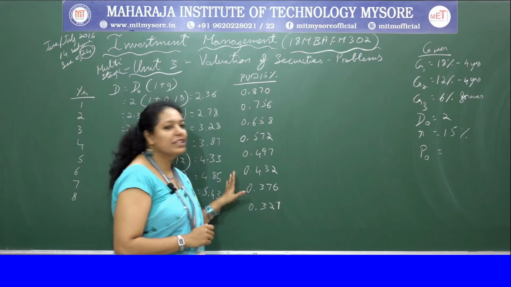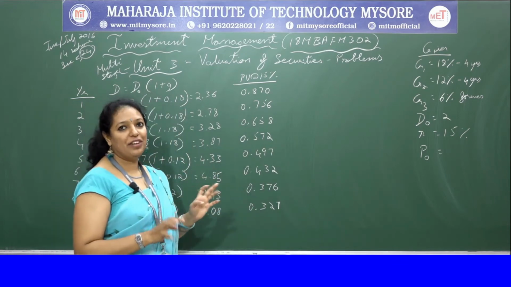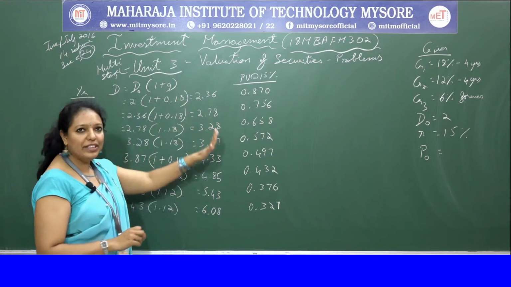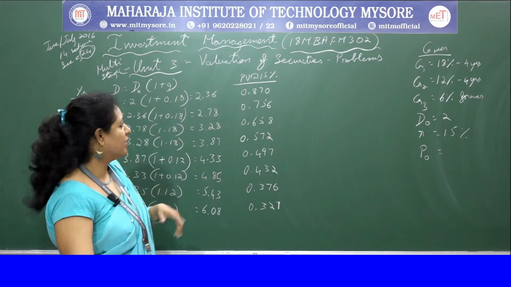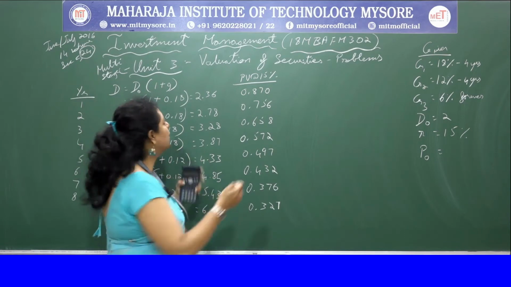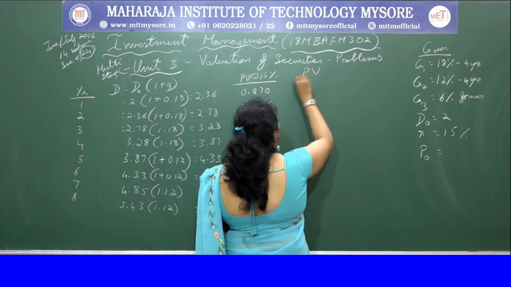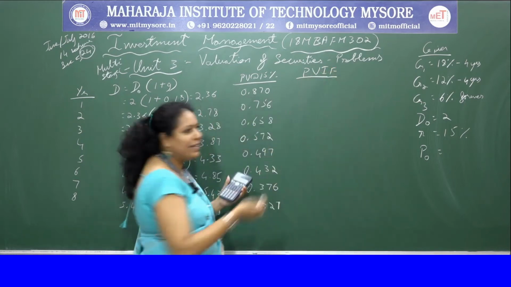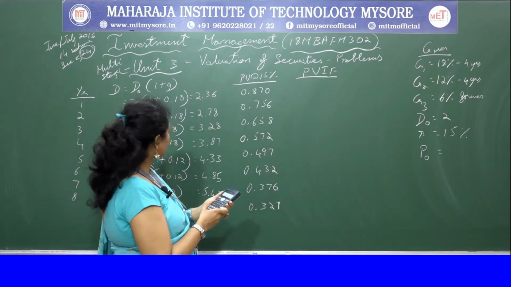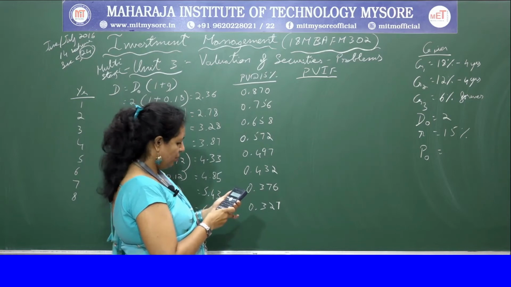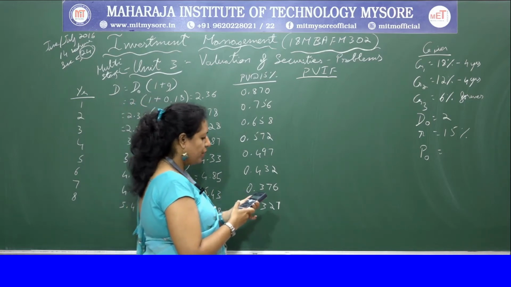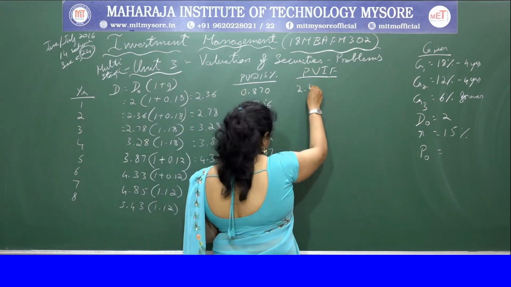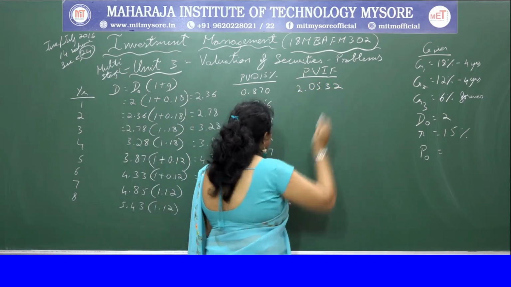Once you finish the present value interest factor at 15%, you have to multiply the dividend with the present value interest factor. So we'll just multiply these two. 2.36 into 0.870, you get 2.0532.